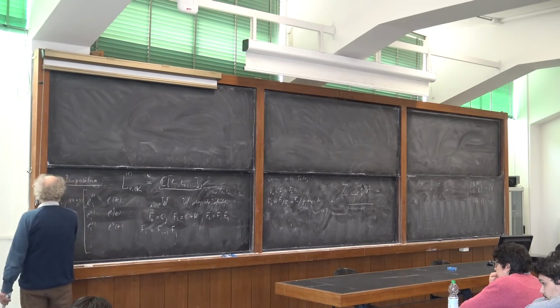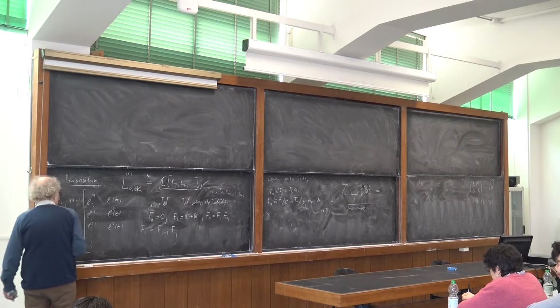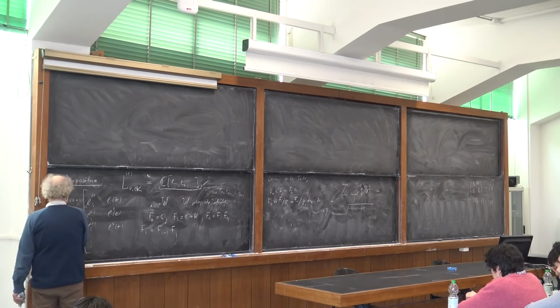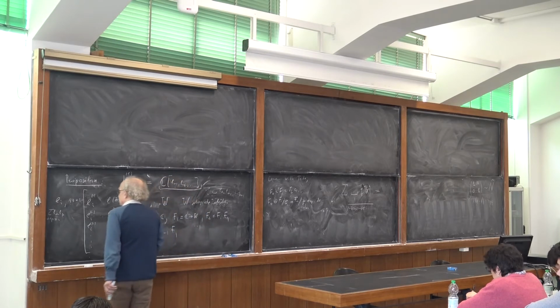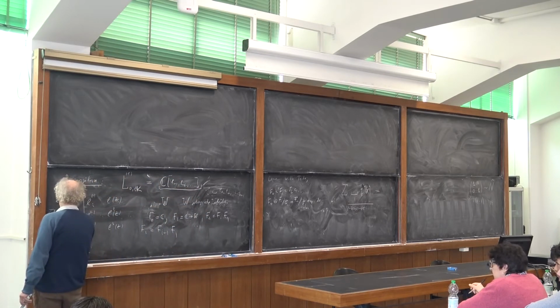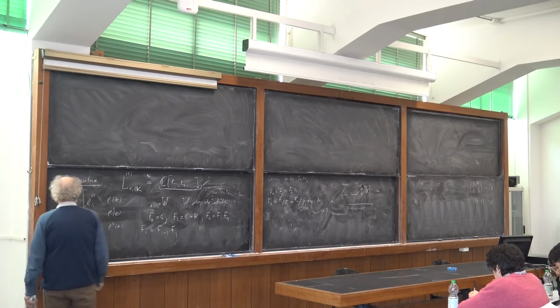Here I have the sum of E_alpha E_beta, again alpha plus beta equal to some I, where alpha and beta run here, and next it will be the sum of E_alpha E_beta E_gamma, with alpha plus beta plus gamma equal to I, and so on.